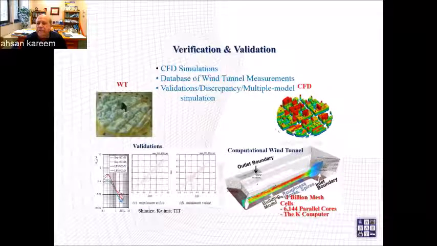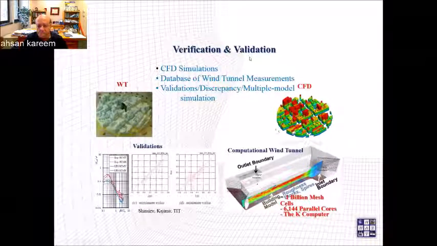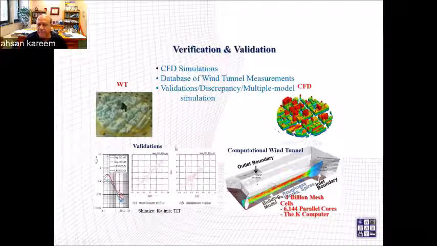As I said, verification and validation is very important. The Japanese have done a great job in this particular one. Kojima and Shimizu, two large construction companies, fund CFD work heavily, unlike in this part of the world.